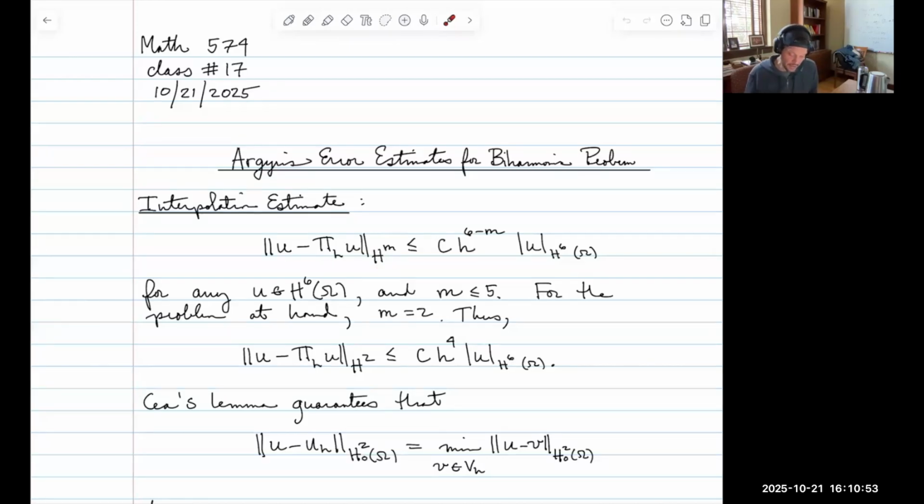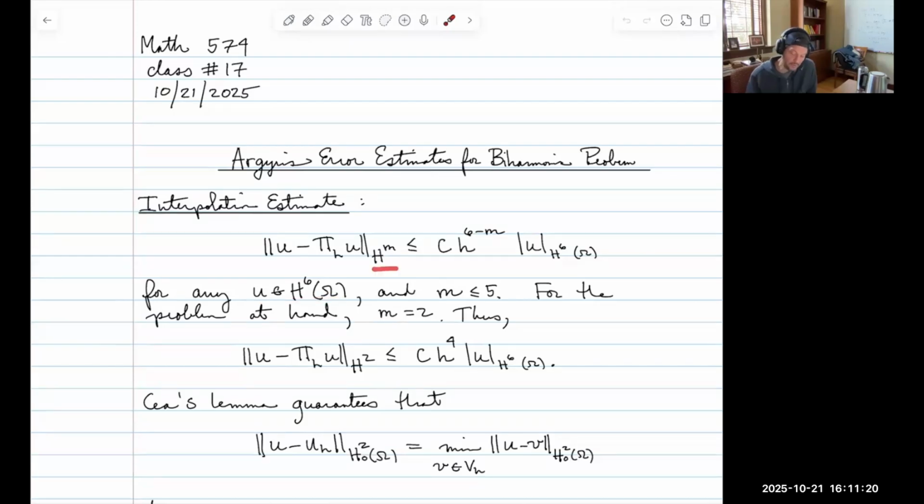As long as the function I'm measuring is rather smooth, in H6, then the interpolation error measured in the Hm norm is less than a constant times h to the 6 minus m power times the H6 semi-norm of u.